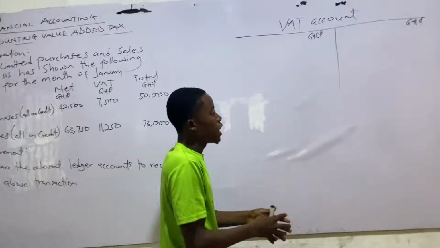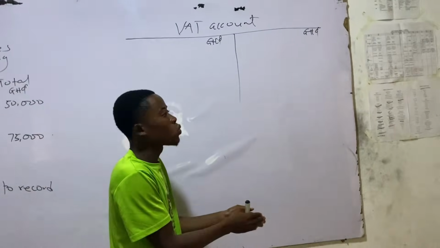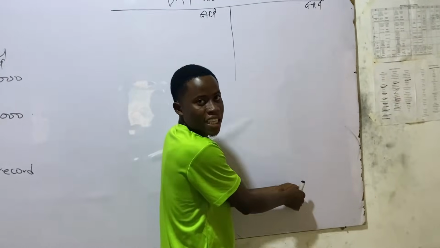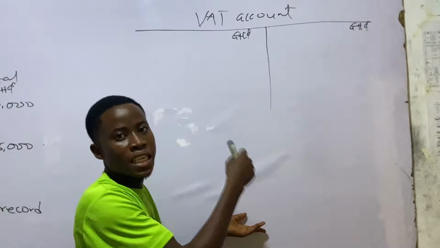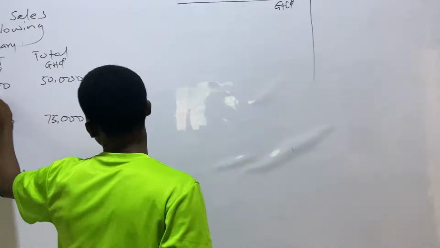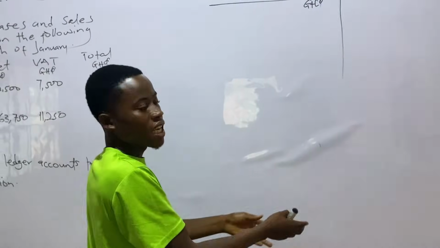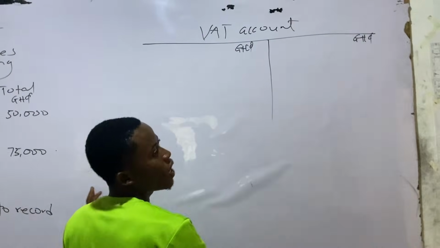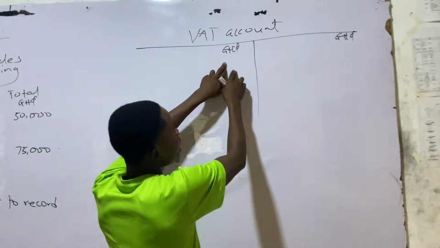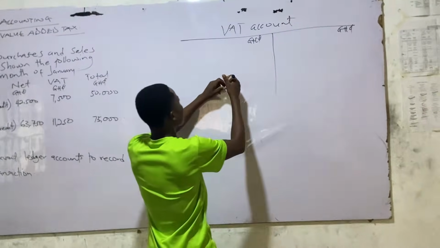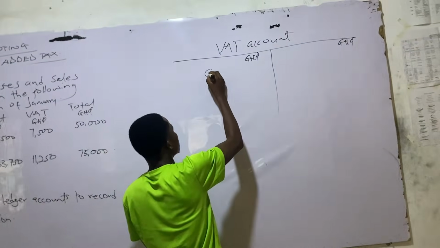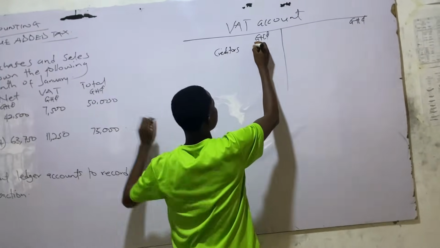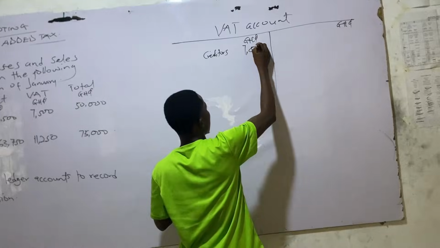So if at the credit side of the creditors account we have 7,500, we say for every credit entry there must be a corresponding debit entry. So the 7,500 in the creditors account as credit, we are supposed to enter it in the corresponding account as a debit figure here. So we have creditors, and then the amount is 7,500.